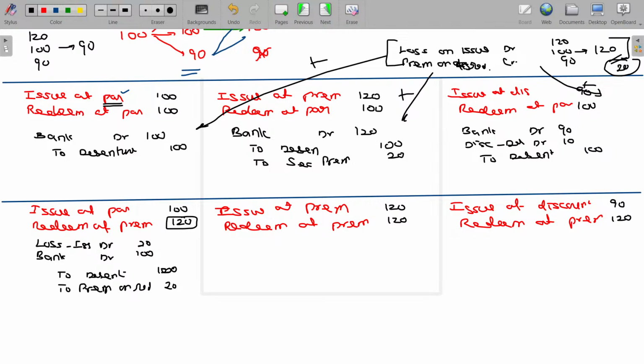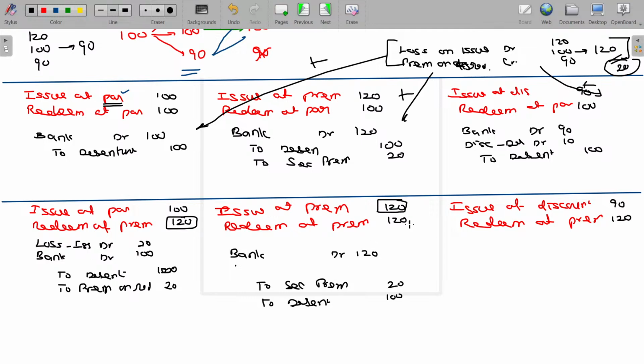The entry for issue at premium: bank account debit to securities premium and to debenture. 120 rupees you collected for the debenture value of rupees 100, 20 rupees being the securities premium. This is for issue of your debentures at premium.